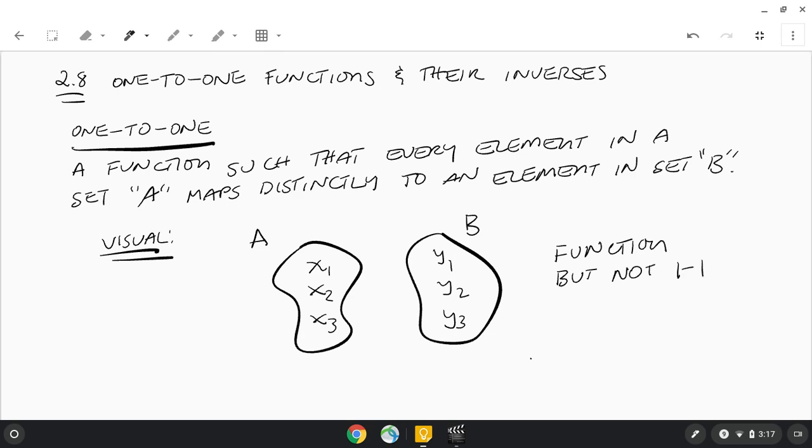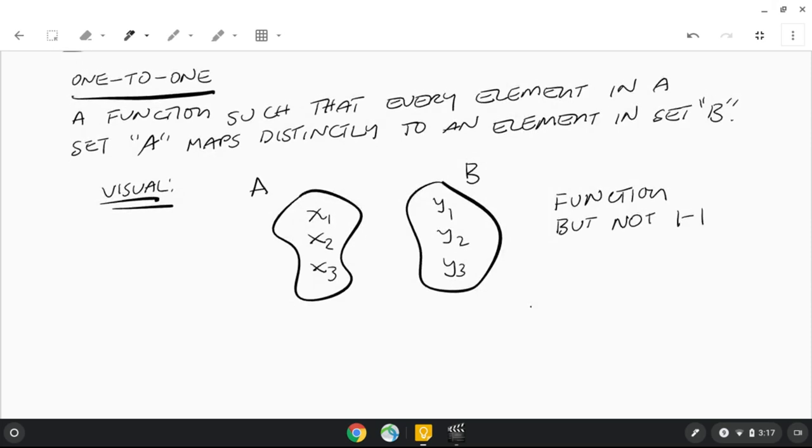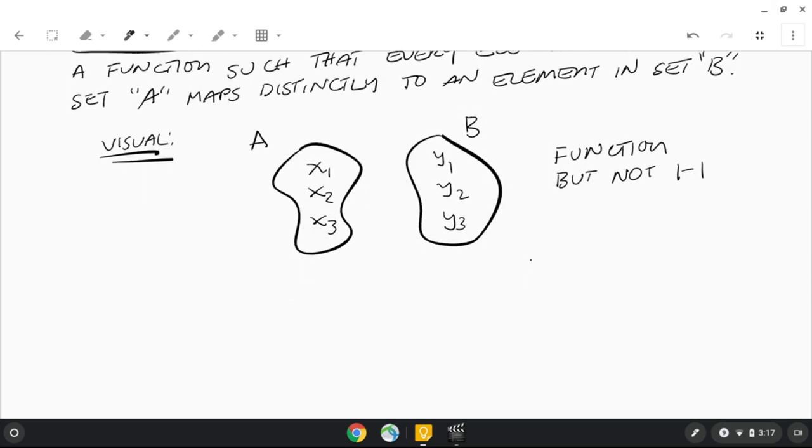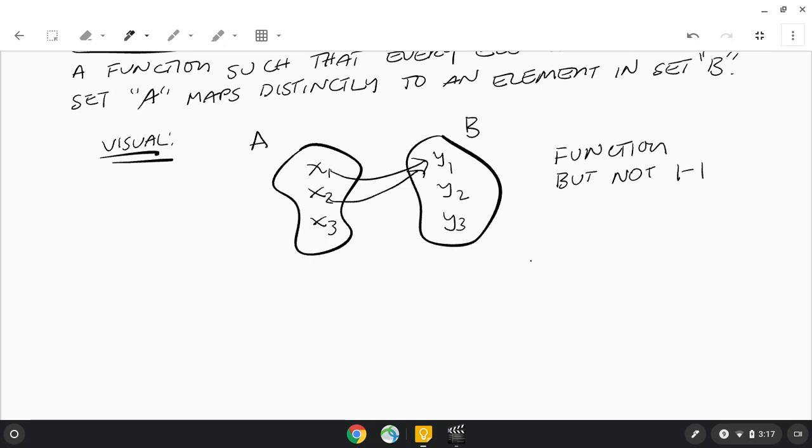I'm going to use that notation there, 1-1, to mean one-to-one. If every x value gets mapped to a y value, and it doesn't matter which one, then it's a function. So x1 gets mapped, great. It only gets mapped to one y value. That gets mapped, great. And this one gets mapped. So every x value gets mapped to one y value. That's the requirement for a function.